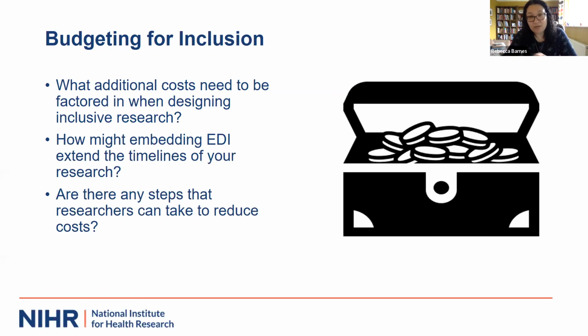Just to add that we do also offer some suggestions in the toolkit for how costs can be reduced. So we caution against a blanket assumption that all research materials need to be translated into multiple community languages because of the issue that we mentioned earlier around rates of literacy varying in those languages.